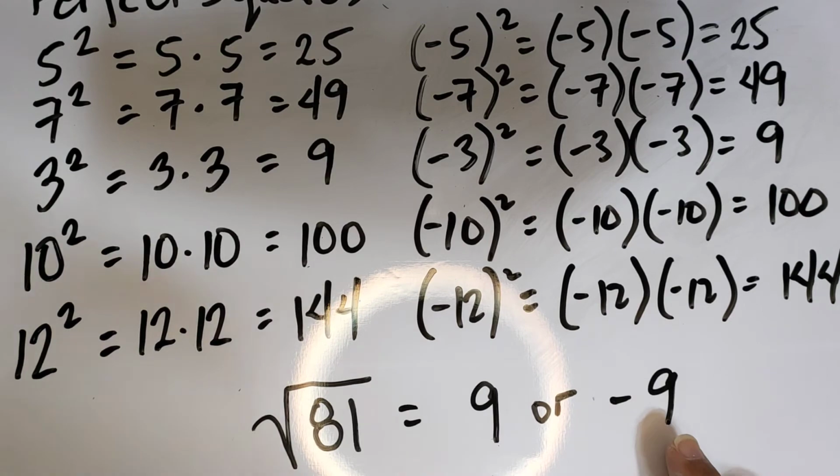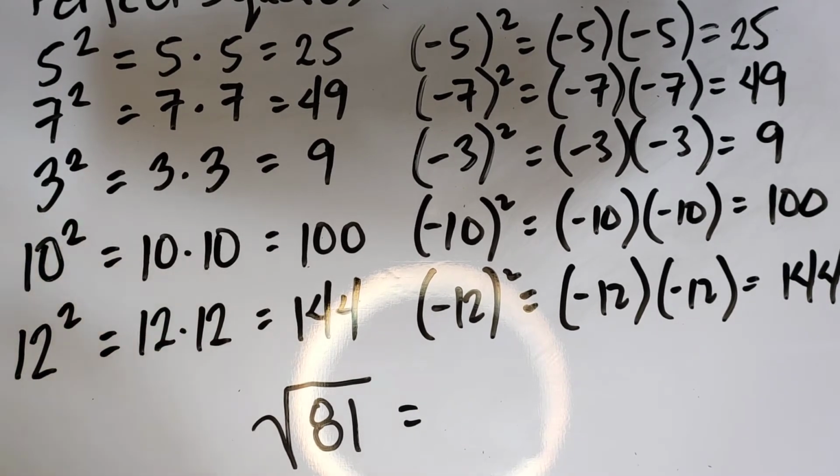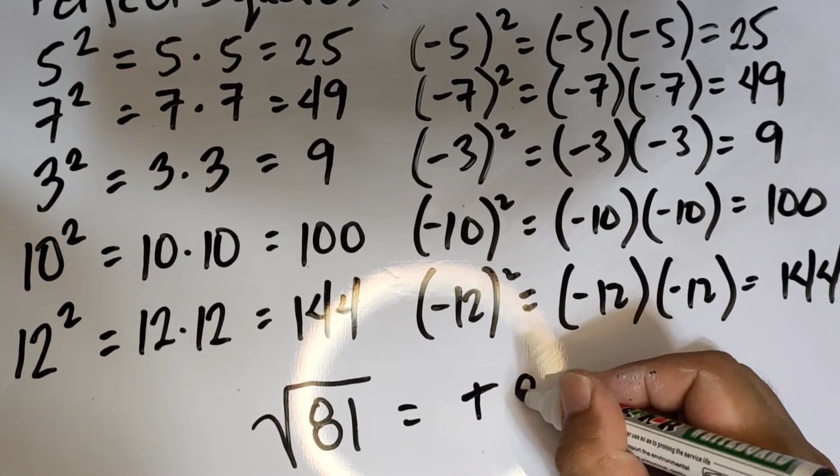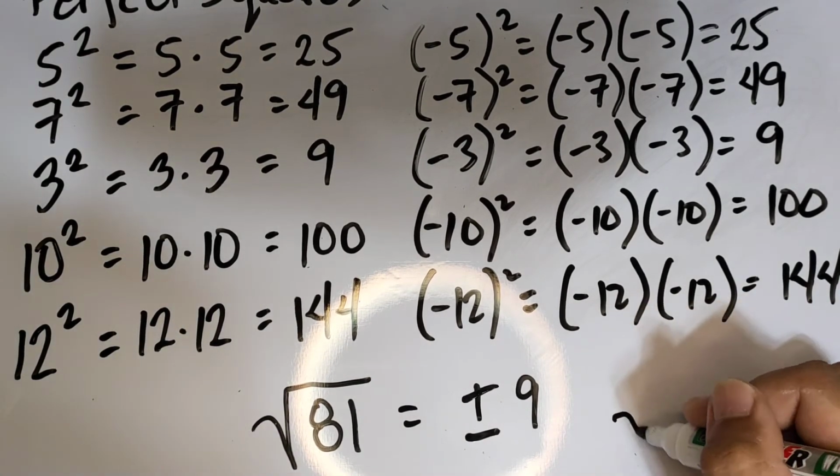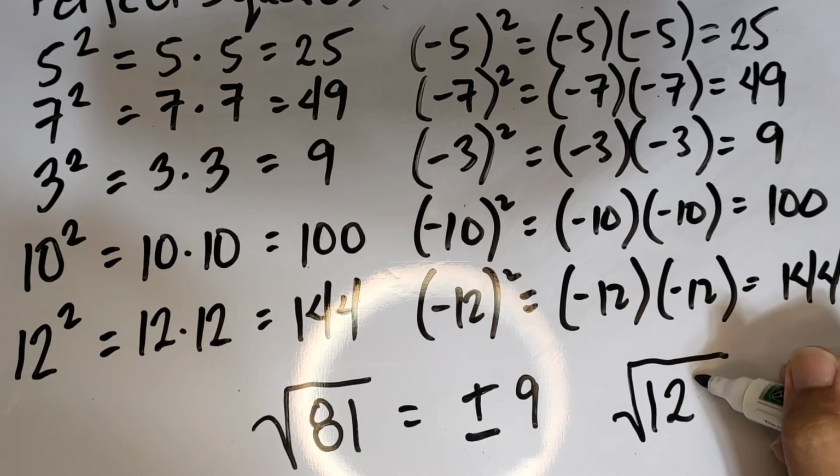Negative 9 times negative 9 is also 81. So, the square root of 81 is positive 9 and negative 9. So, pag-combine mo na lang, positive and negative 9. Ganun lang siya. Another, square root of 121.